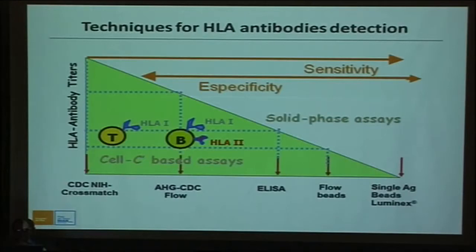You need a very strong reaction to become positive. With the passing of the years, we reached the flow cytometry crossmatch, and with this we decreased a little bit the specificity but increased sensitivity.